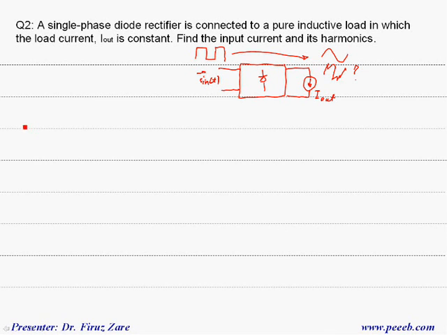In this case I in equals a constant value, which is the DC part, plus the sum of sine and cosine terms, which is basically an cosine 2 pi t over T times n plus bn sine 2 pi t over T times n.